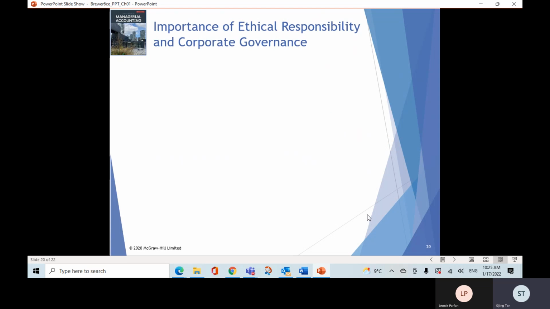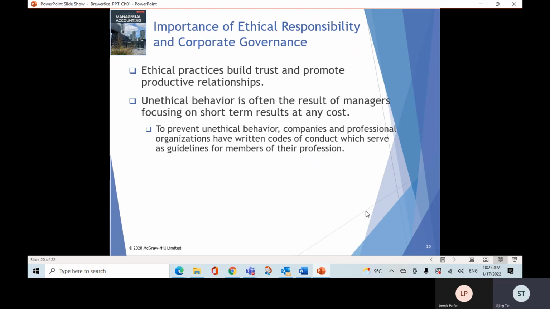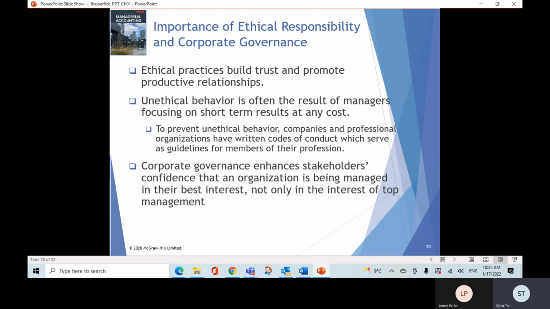The next part, we talk about the importance of ethical responsibility and corporate governance. Due to globalization, businesses from different parts of the world tend to interact with one another. As companies interact more with organizations from across the world, the conduct of these organizations has become a very important issue all over the world.